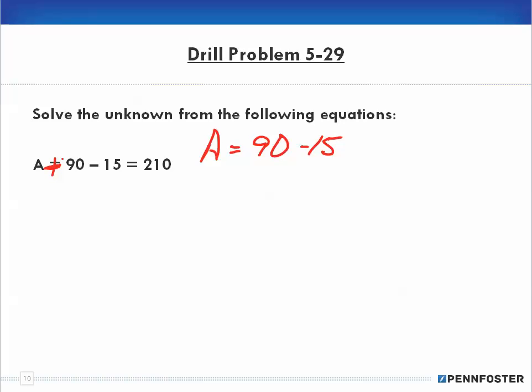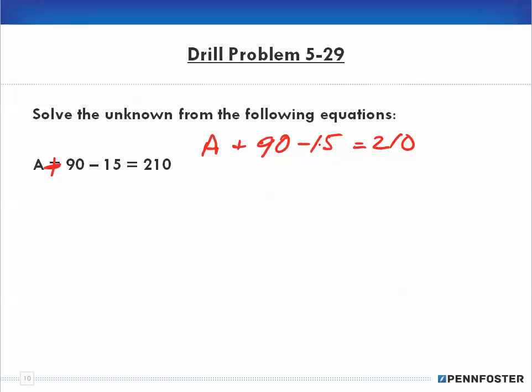Sorry, I wrote an equal sign. Looking at it going, what? That's really strange. So, typo error on my part. So I have A plus 90 minus 15 is equal to 210.